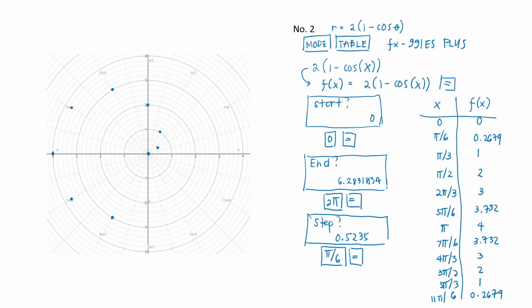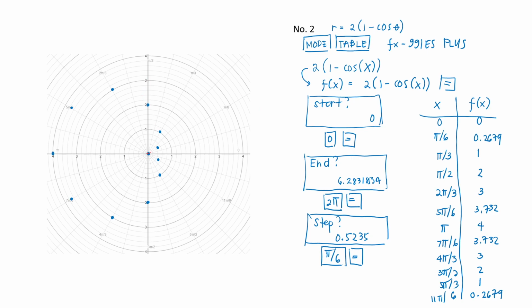And then 2 for 270 degrees or 3 pi over 2. And then 1. And lastly is 0.26 or 0.3 so it's easier to place in your calculator, in your graph. So once you have all the points, again you start from 0, then graph it counterclockwise.